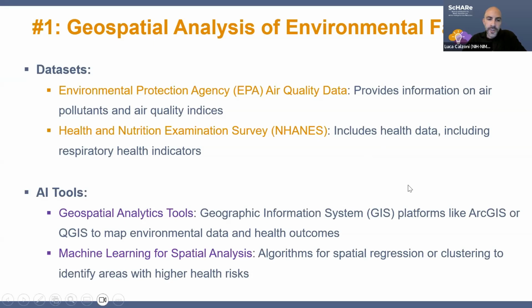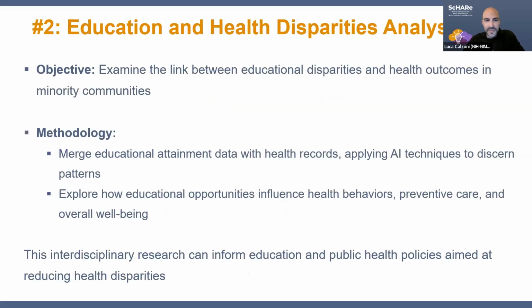And the AI tools that we would leverage would be some geospatial analytics tools. So, for example, geographic information system platforms to map environmental data and health outcomes. And also machine learning for spatial analysis. So algorithms for spatial regression or clustering to identify areas with higher health risks. So that's a first example.